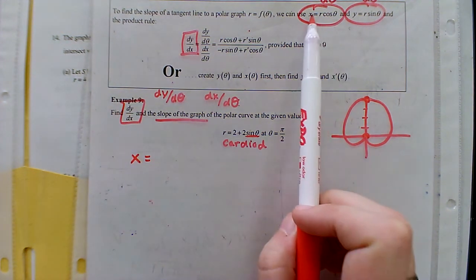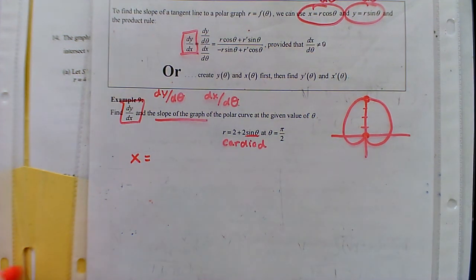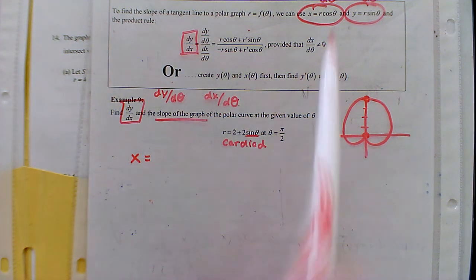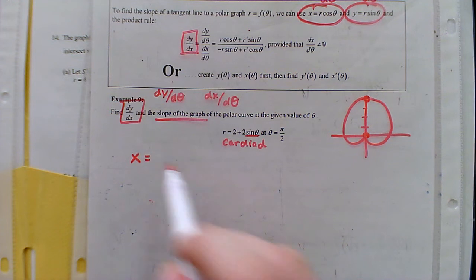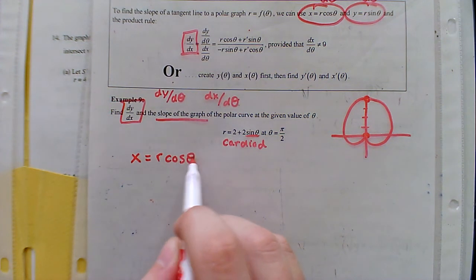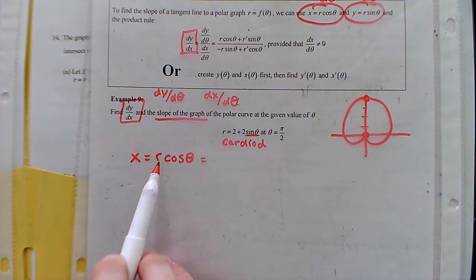So how can we officially write the x equation given this polar equation or curve? We need x equals r times cosine. Can we rewrite that somehow? Do we know what r is specifically for this example?